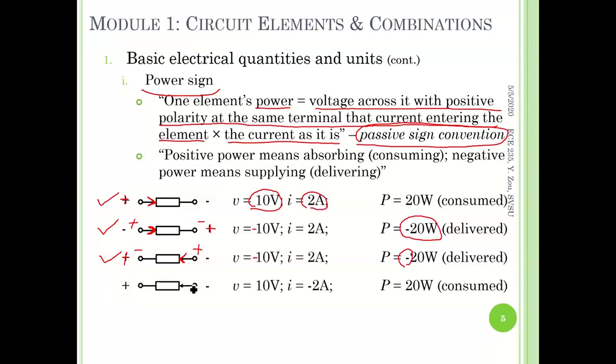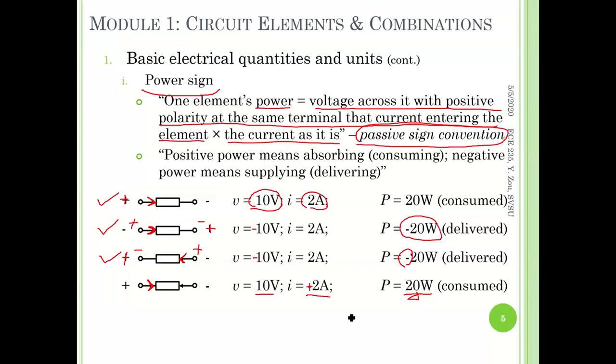We can flip the direction of the current, make it flow into the positive polarity of the voltage by giving a negative sign to the given current. So eventually the current becomes positive 2 ampere. Now we're using positive 10 times positive 2, ending up with positive 20 as well.